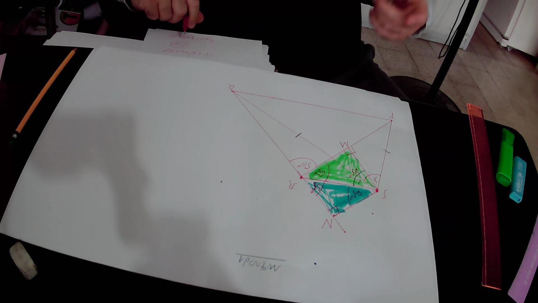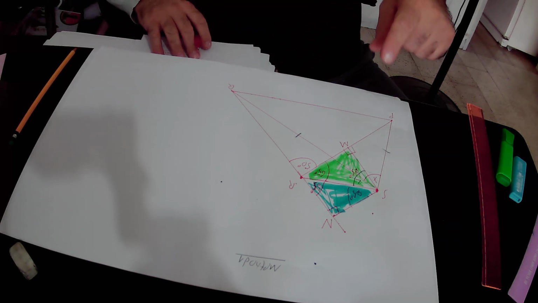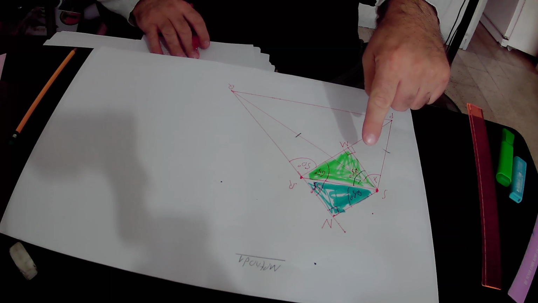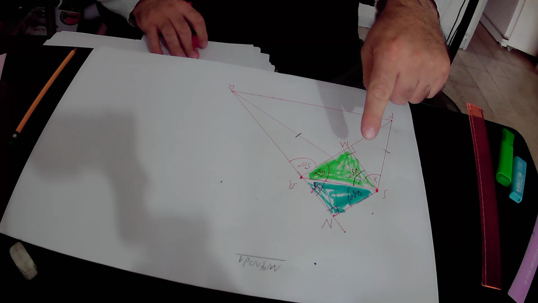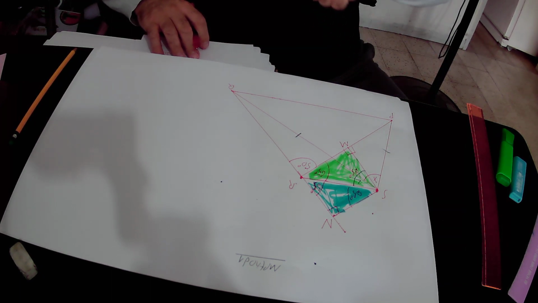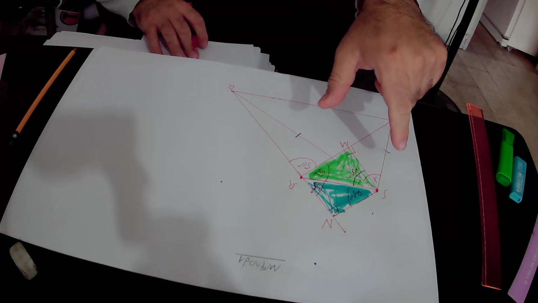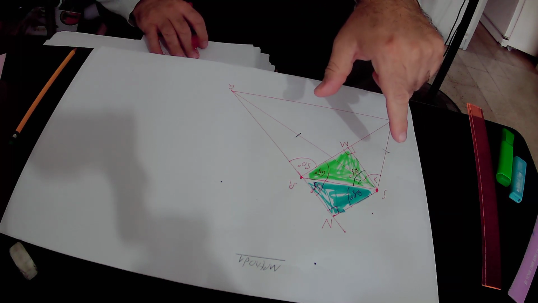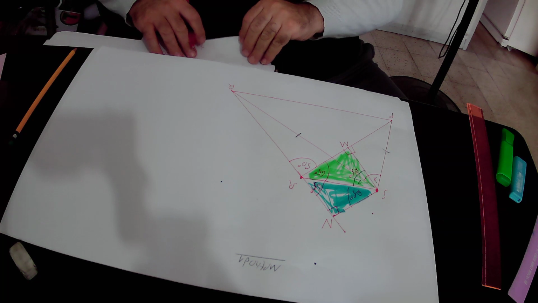Okay, so we actually found out that all the three angles of the green triangle are equal to all the three angles of the blue triangle, and we also have a common side that belongs to both triangles.